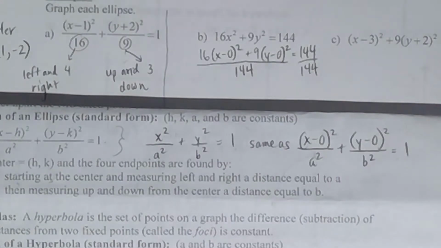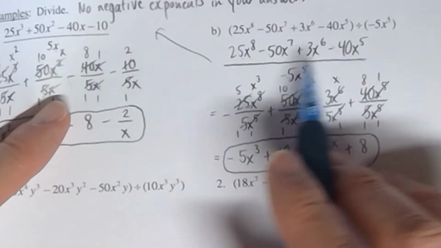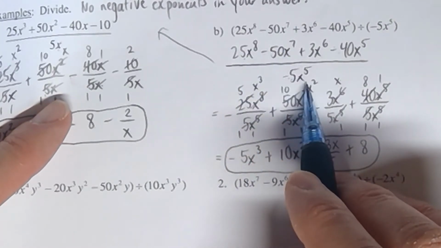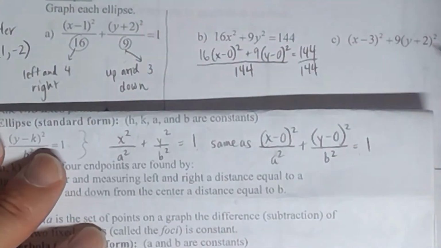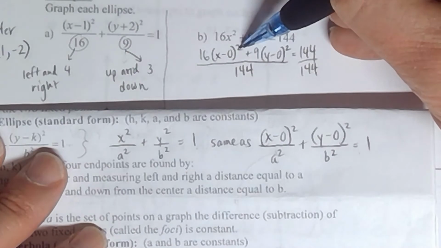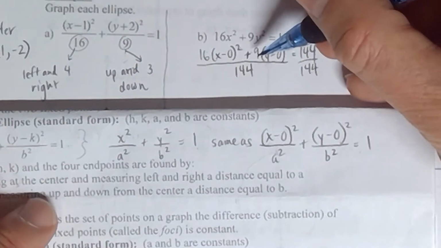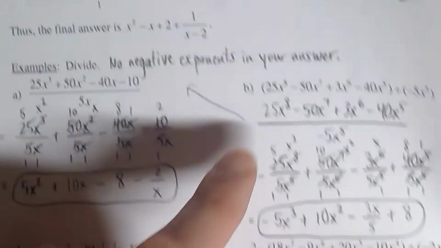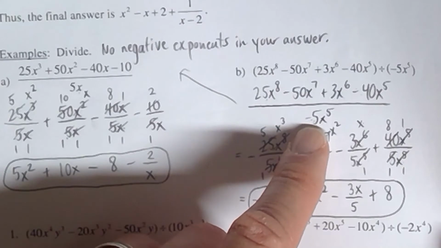Okay? Now, just like we've done many times this semester, but especially in this section here, when you divide a polynomial by just a single term, you divide each part. Okay, but this is a little bit different because it's got brackets in it. Okay, but the way it works when you have a term times a bracket squared, and then you have a plus that's outside of a bracket, and then a term times a bracket squared again, it's basically the same idea as when you just have a couple of terms being divided by a term down here.